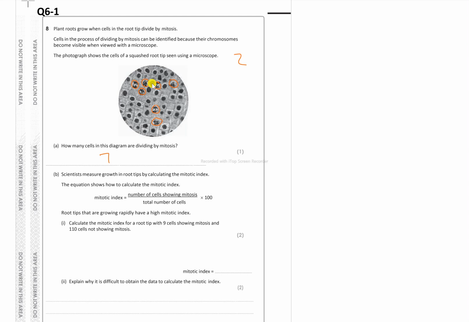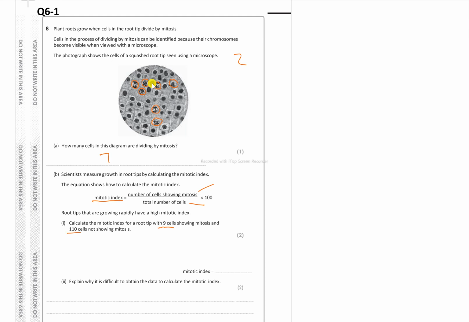Right, so if you want to work out the mitotic index, number of cells showing mitosis divided by the total number of cells. Okay. So they've given, I thought they were going to ask you to count that.